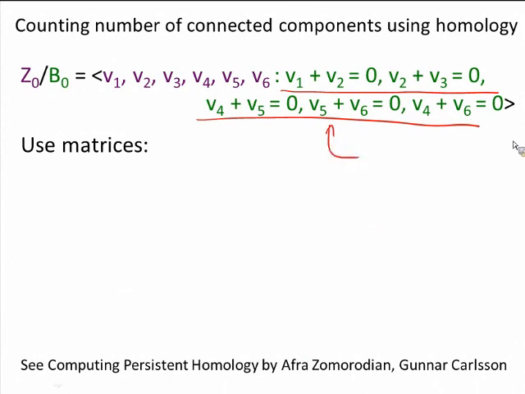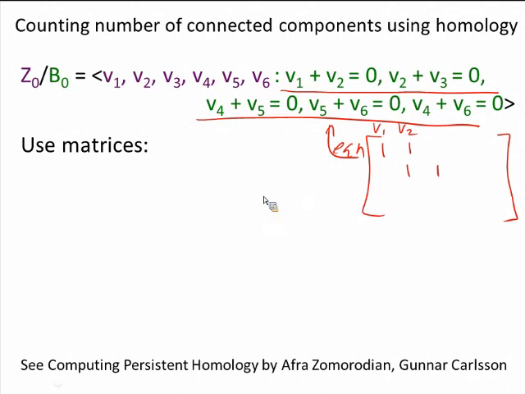The matrix in standard linear algebra would use our columns for our variables and our rows for our equations. So I'd have V1 plus V2 is 0, V2 plus V3 is 0, and so on. However, for what we're doing, it's easier to use the transpose of the standard linear algebra.